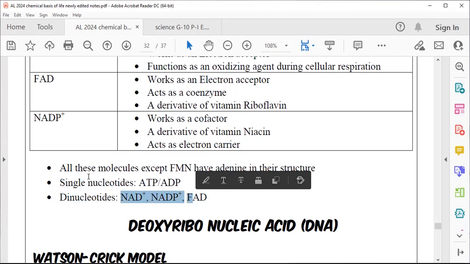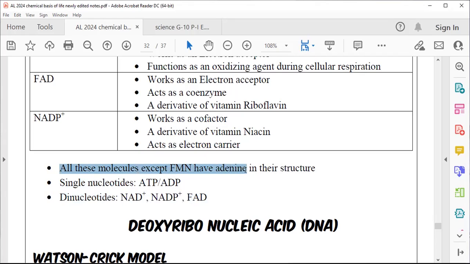These three. Please cancel this middle word, that is not in the syllabus. FMN is not in the syllabus.